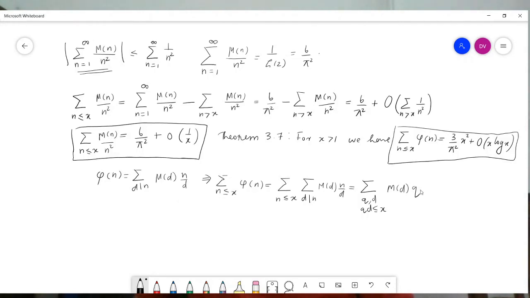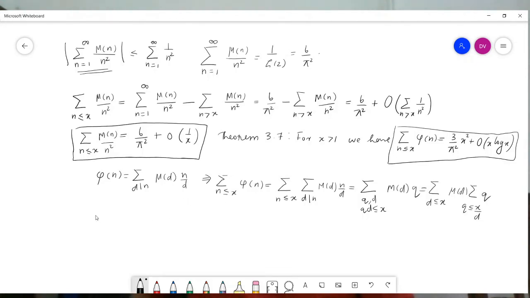Now we can simplify this sum as summation d less than or equal to x of mu of d, summation q less than or equal to x by d of q.